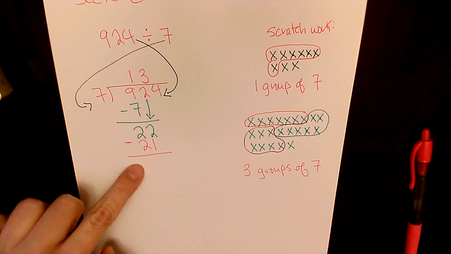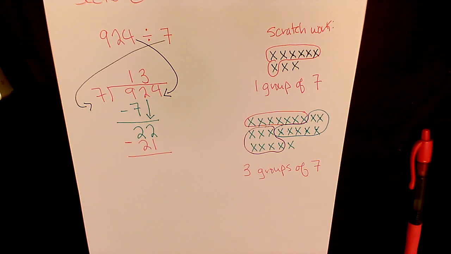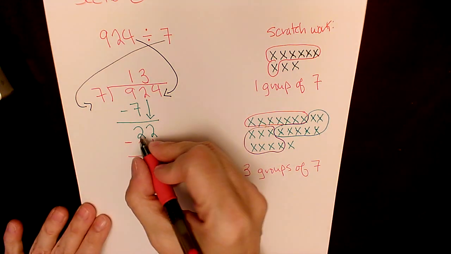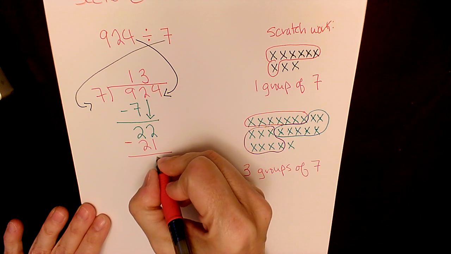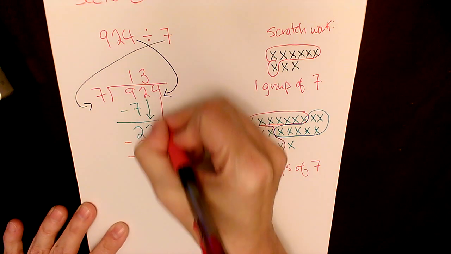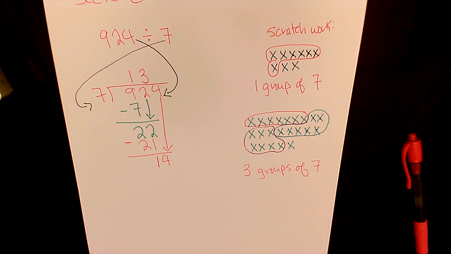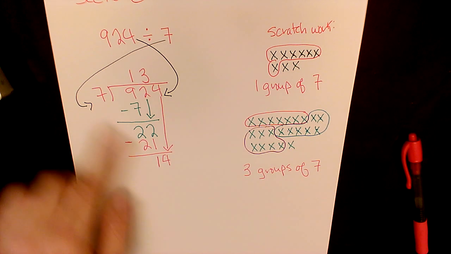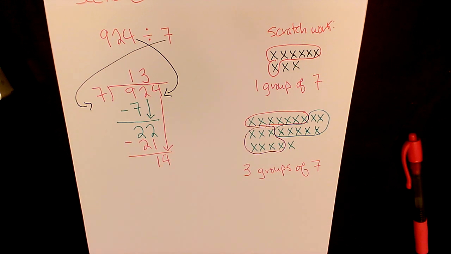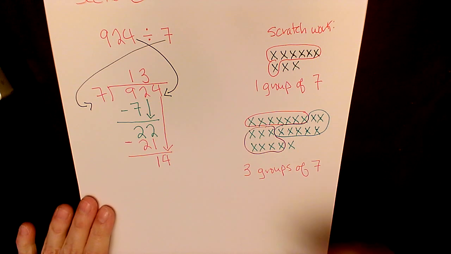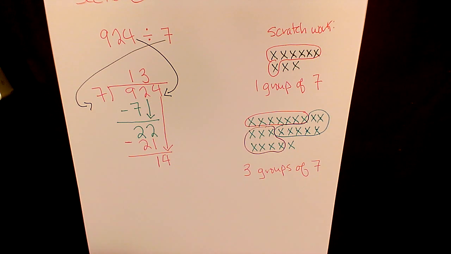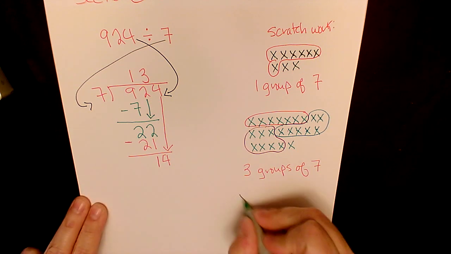What's 22 minus 21? Well, 2 minus 2 is 0, 2 minus 1 is 1, and I'm going to bring the very last number down, which is a 4, and then it begins all over again. How many groups of 7 are there in 14? Well, let's see. You might know that one.